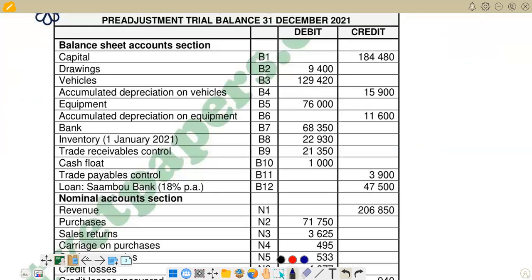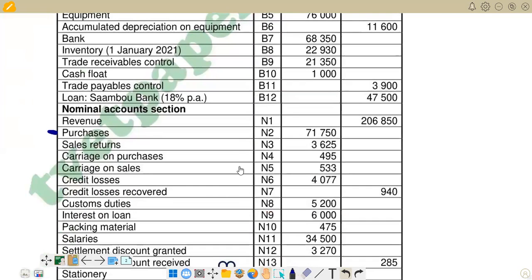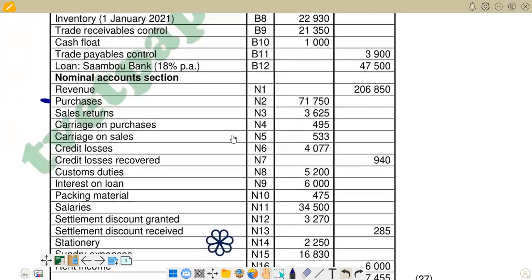Right. We come here, we see that we've got purchases here, which is 71,750. We check for purchase returns there in the question.